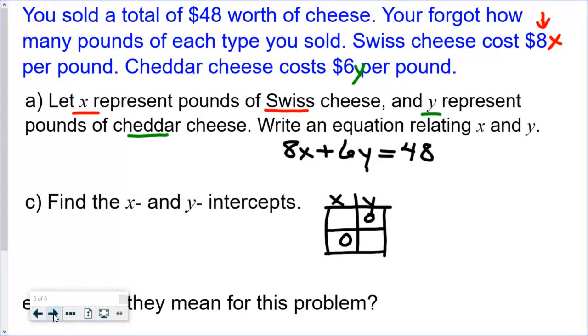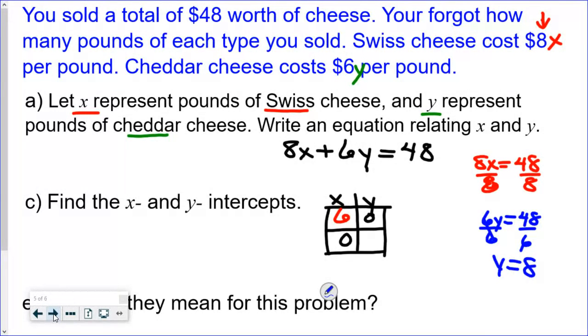So when I put a 0 in for y, in effect, the 6y goes away. So I have 8x equals 48. Oh, thinking ahead. So that means a 6 here. If I put a 0 in for x, this whole thing goes away. So it's in effect 6y equals 48. So that means we have two ordered pairs of (6, 0) and (0, 8).